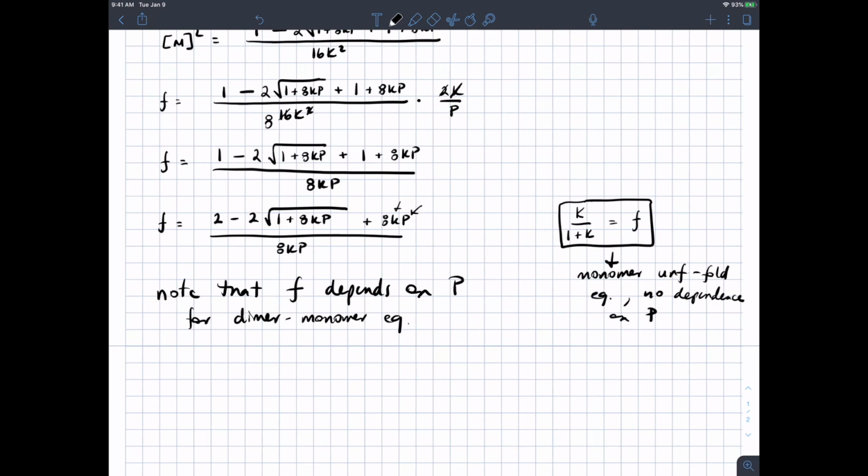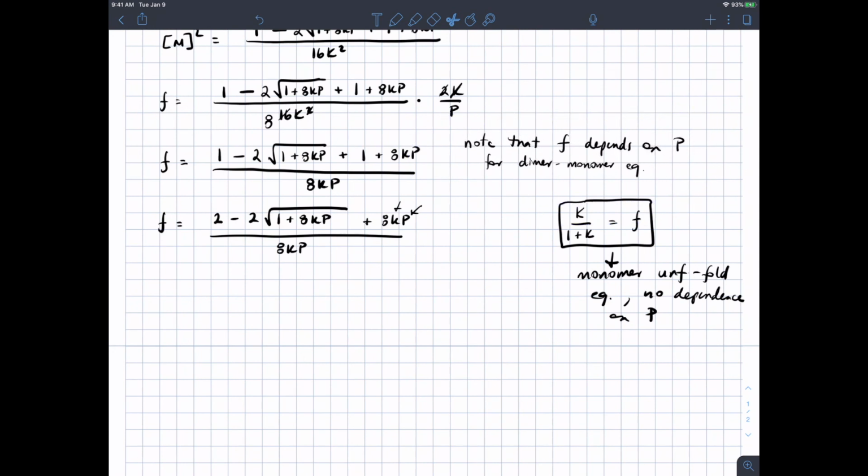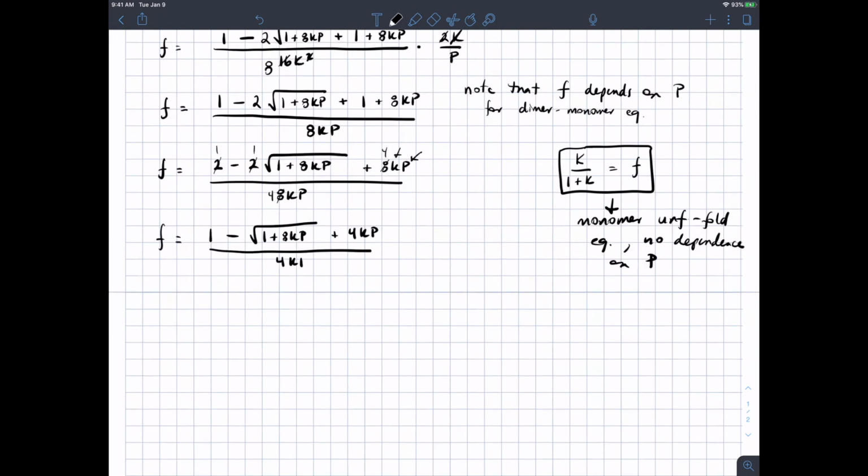Dang it, after I said we were done, I forgot that you could simplify this just a little bit further, take a factor of 2 out of everything. And if you want to simplify that further, you can. I think in the Mathematica file that I have for you, it is simplified something like this. 4kp over 4k is 1. 1 over 4kp is just that.